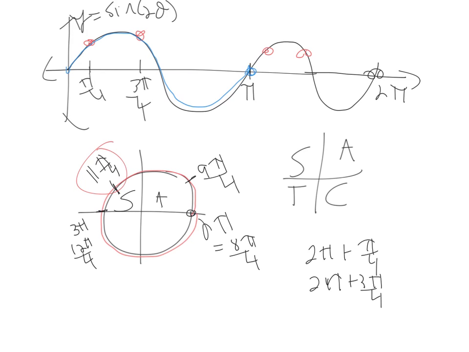Okay, so we've got these values now. So what do I do with them? Well, I need to put them back into my original equation to solve for my other 2 values of theta. We need to put them back into our z equals 9 pi over 4, z equals 11 pi over 4 equation.